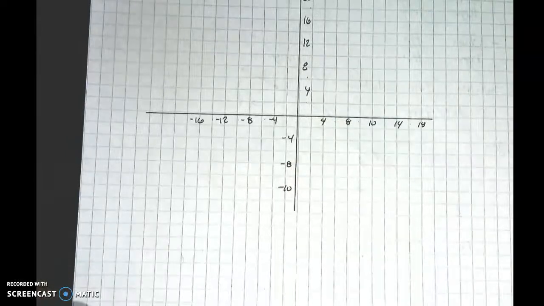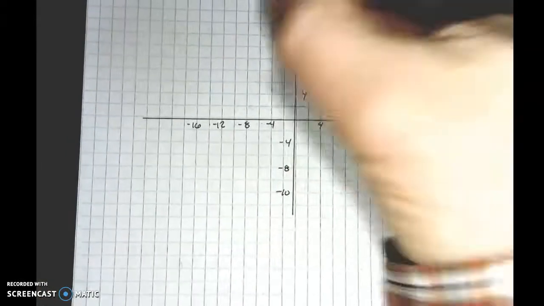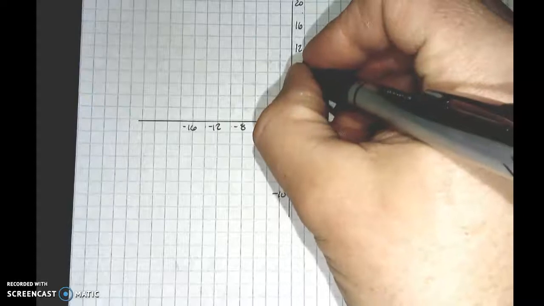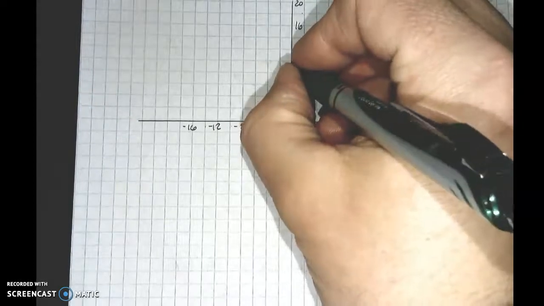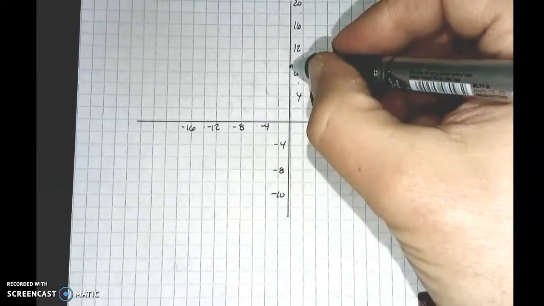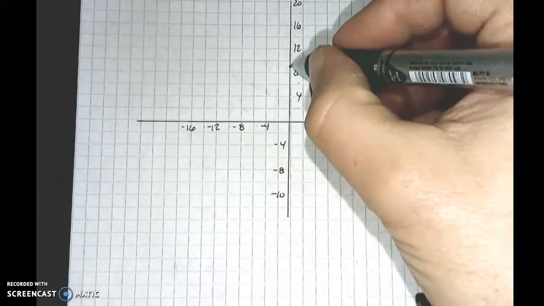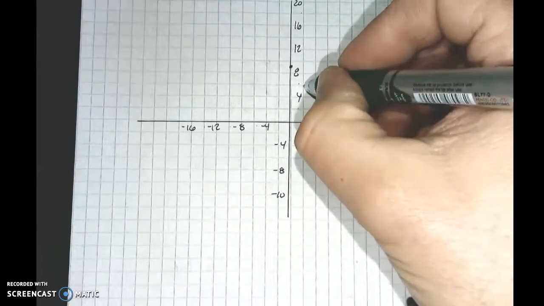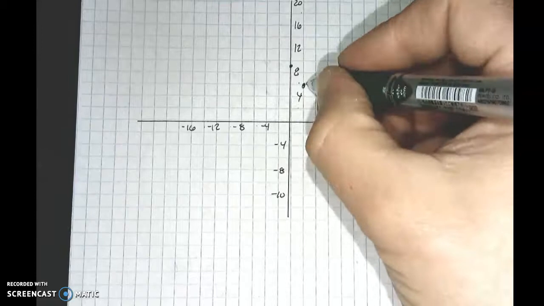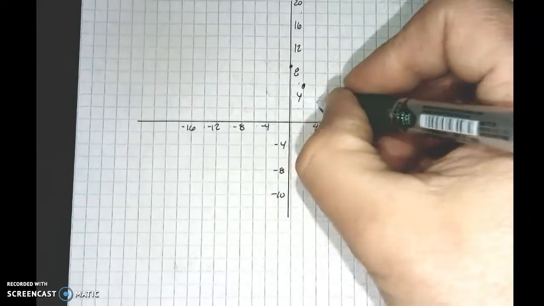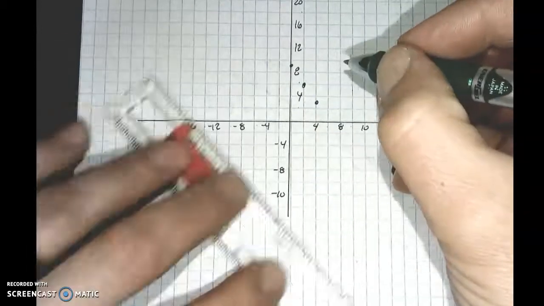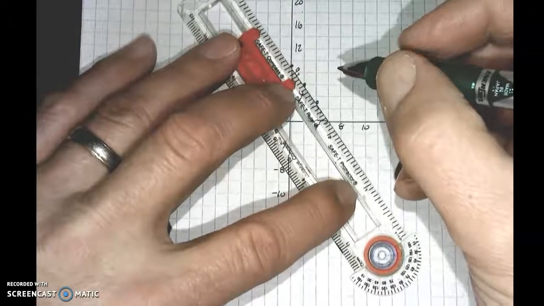Okay, so green says, let's first put a point at 9. So that's 10. Approximate it there. Going to count down 3, so that puts me at 6, and then go over 2. So I just did a couple more little points to help with the slope.